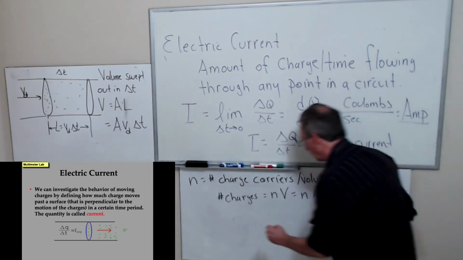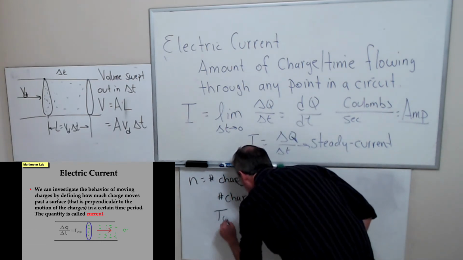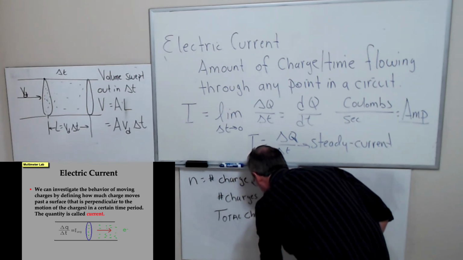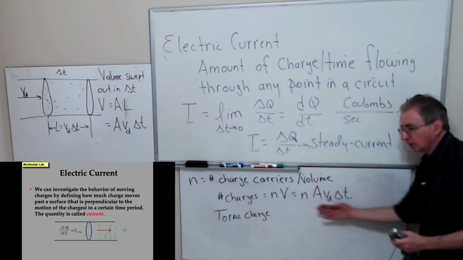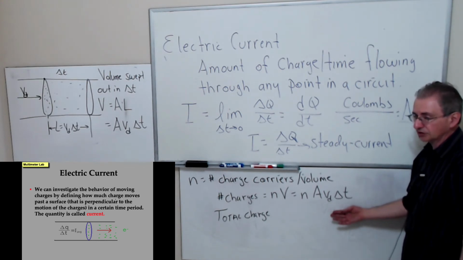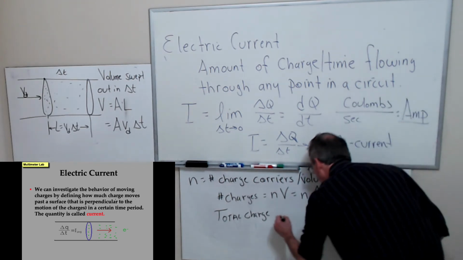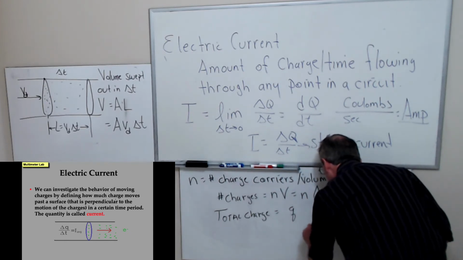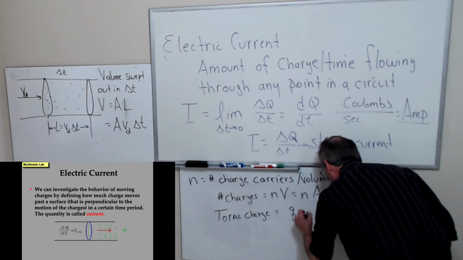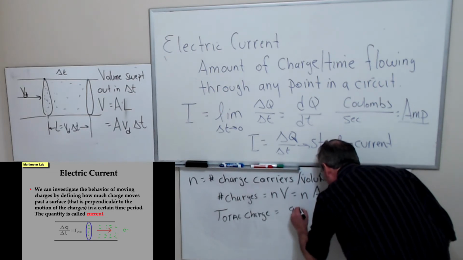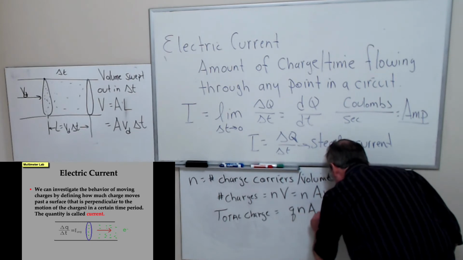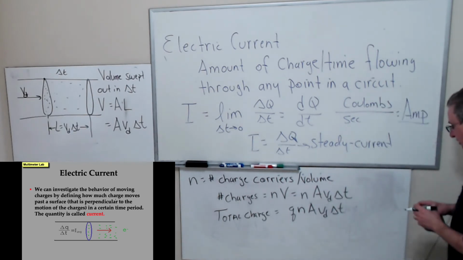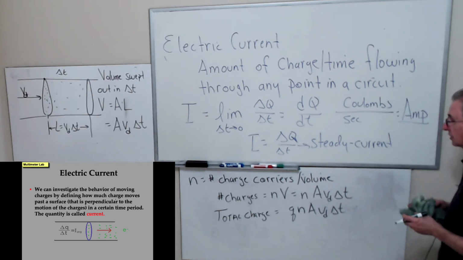The total charge then is going to be this quantity times whatever the value of the charge is. I can write this as q, delta Q, however you want me to write it. Actually, I'm going to write it as q, because it's actually the charge of each particle. So that's the total charge.